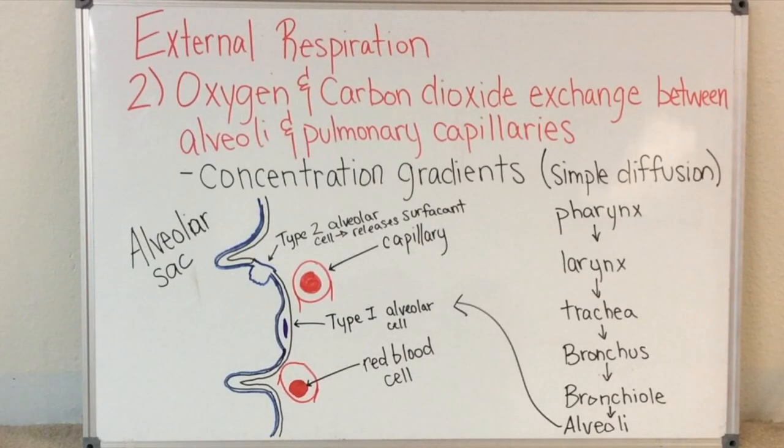However, we do not want the alveoli to completely shut. This would prevent gas exchange from occurring between the alveoli and the capillaries. This is countered by pulmonary surfactant produced by the type 2 alveolar cells.